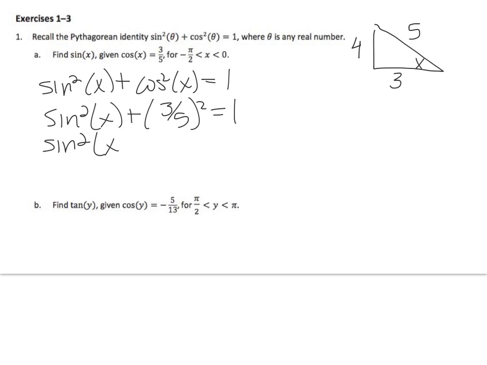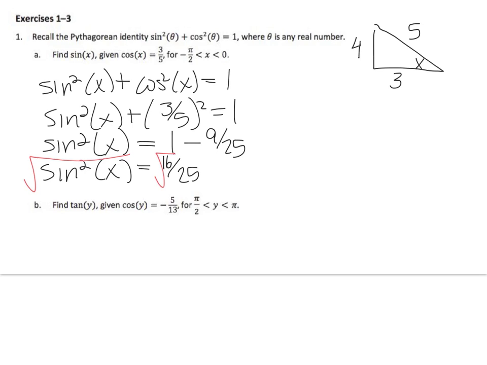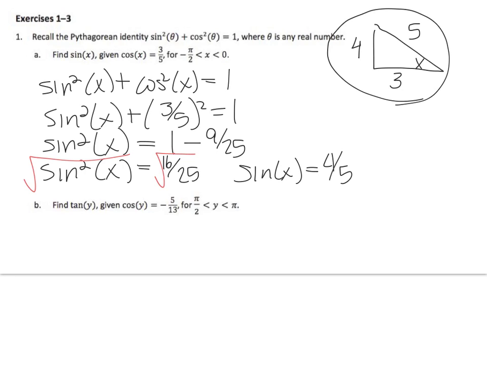So sine squared x equals 1 minus 9 over 25, which would be 16 over 25. Luckily, it's a perfect square. I can take the square root of both sides, and sine x equals 4/5, which works with what I drew up there.